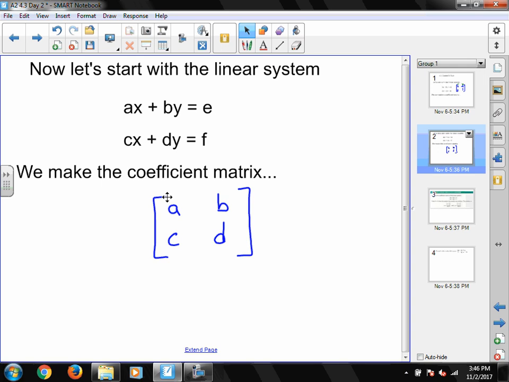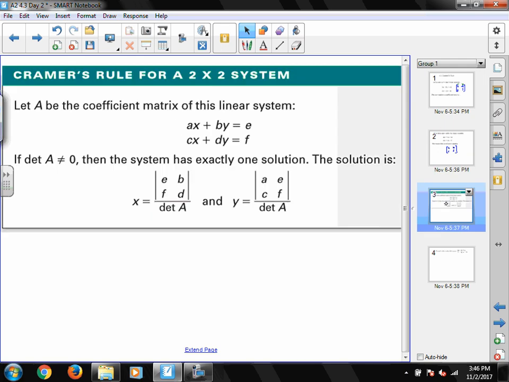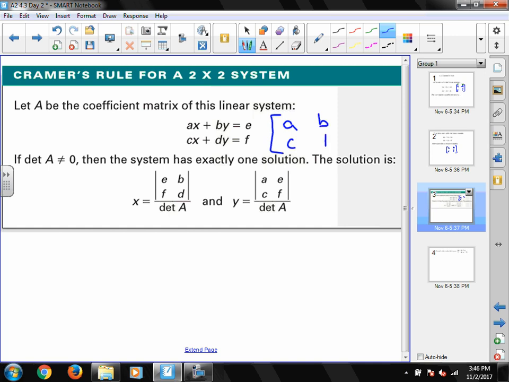We're normally going to have numbers there for our coefficients, but the reason I want to do that is so that I can look here, and I've got my coefficient matrix of ax plus by is equal to e, cx plus dy is equal to f. So I've still got that same coefficient matrix. That's why I wanted to go through that, so that we can understand this. And we've got a, c and b, d. There's my coefficient matrix.